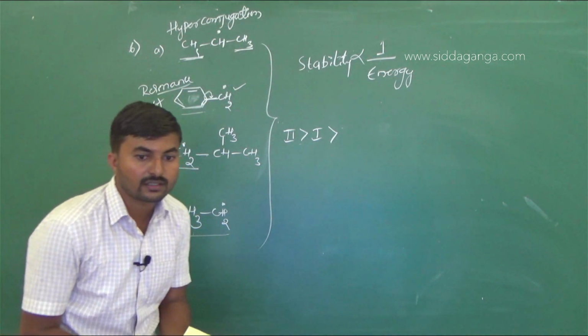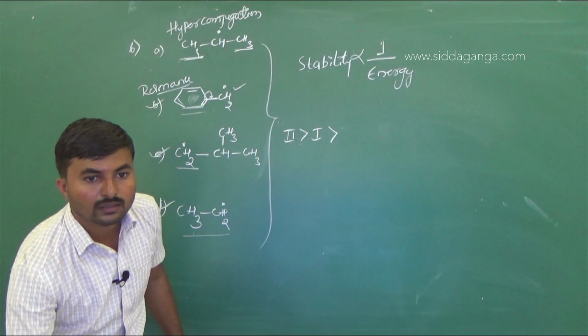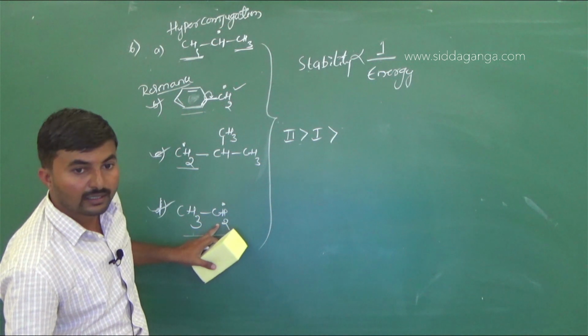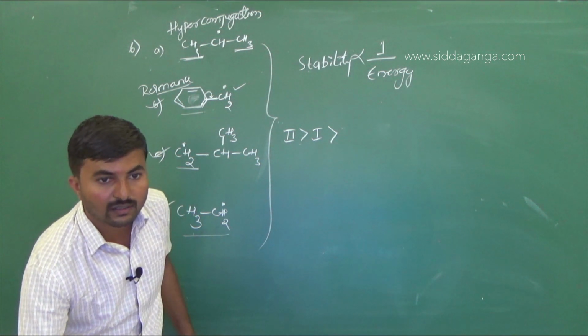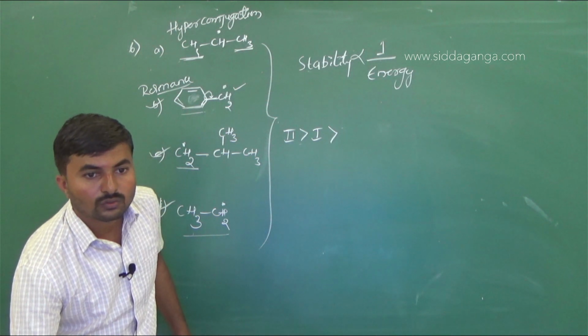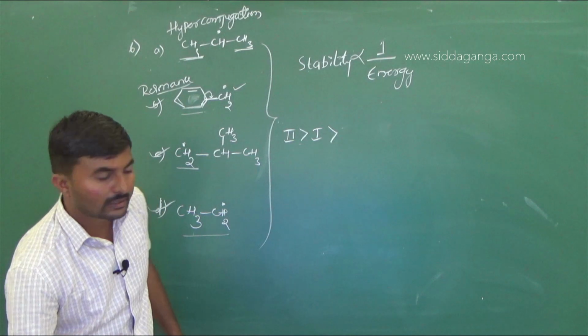Which option is correct here? Option 2 is correct, that includes 2 greater than 1 greater than 4 greater than 3.